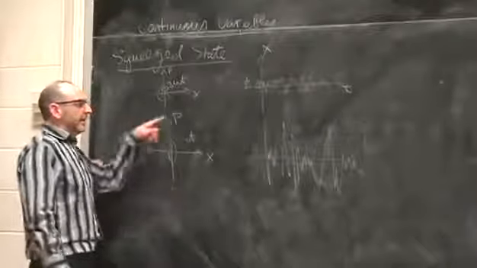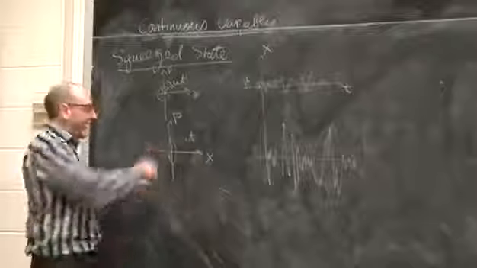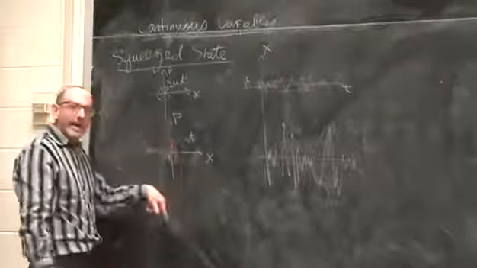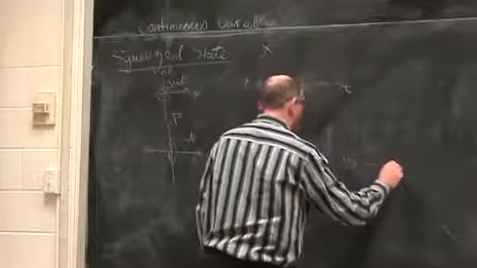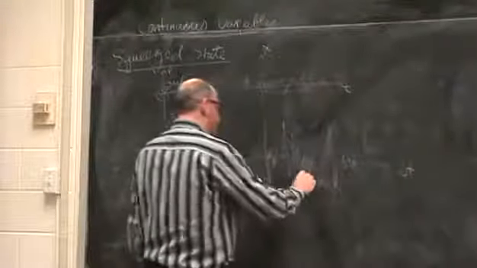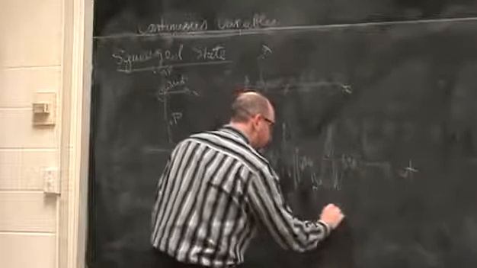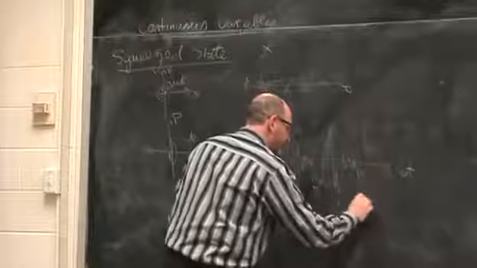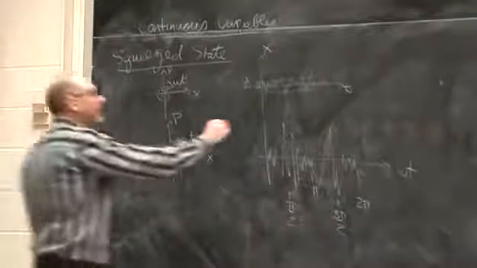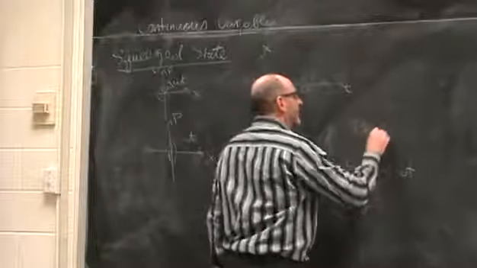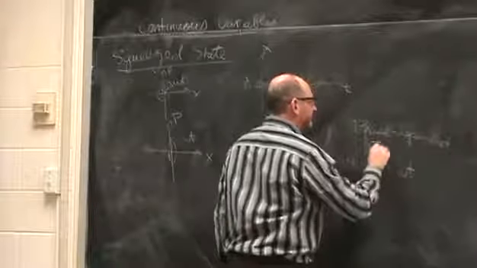Well, it's going to be half the period of the oscillator, right? Because this goes back to itself after pi, right? So if this is omega t, then this is pi over 2, 3 pi over 2, 2 pi. So there's phase-dependent noise.